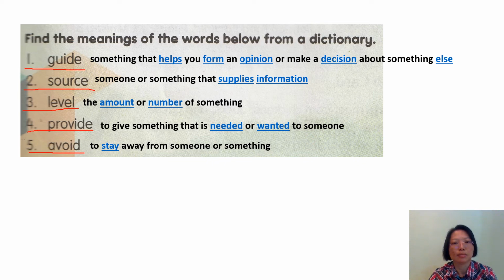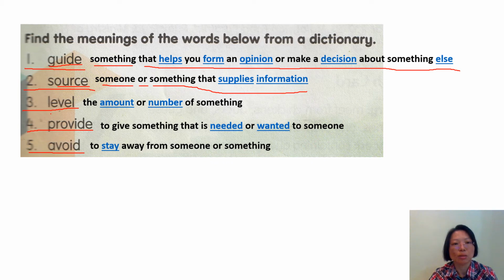So let's go through all the 5 words again. Word number 1, guide. Guide means something that helps you form an opinion or make a decision about something else. Then number 2, source. Source is someone or something that supplies information.